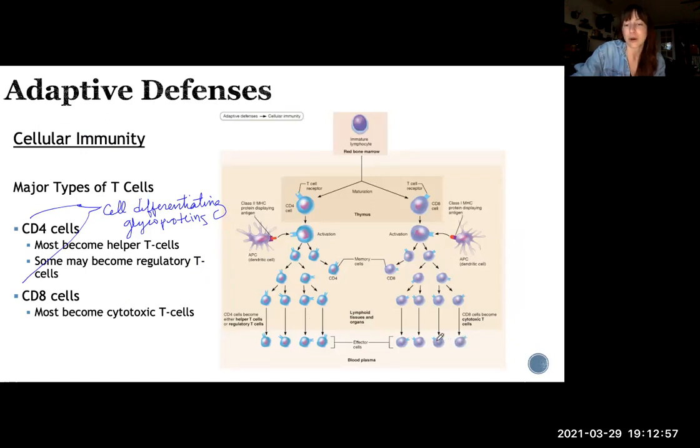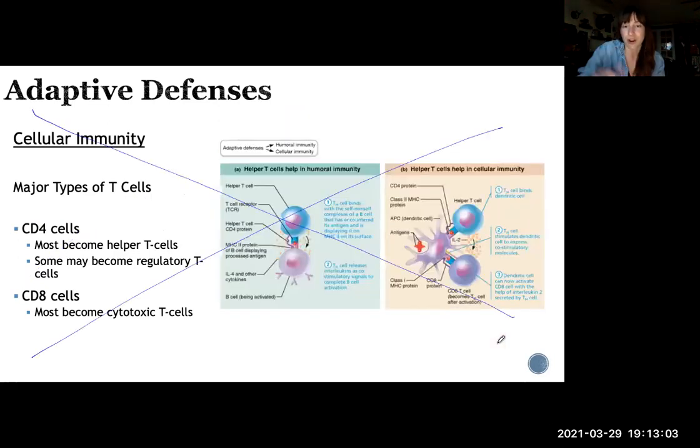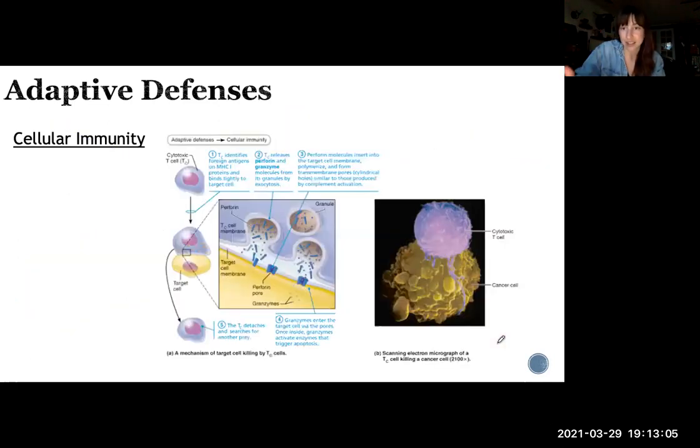Okay, so these guys are now released out into the body. Maybe they're going to be looking for infected cells. Okay, their job is to do intracellular immunity. So the B lymphocytes are busy taking care of the stuff happening in the extracellular fluid outside of cells.